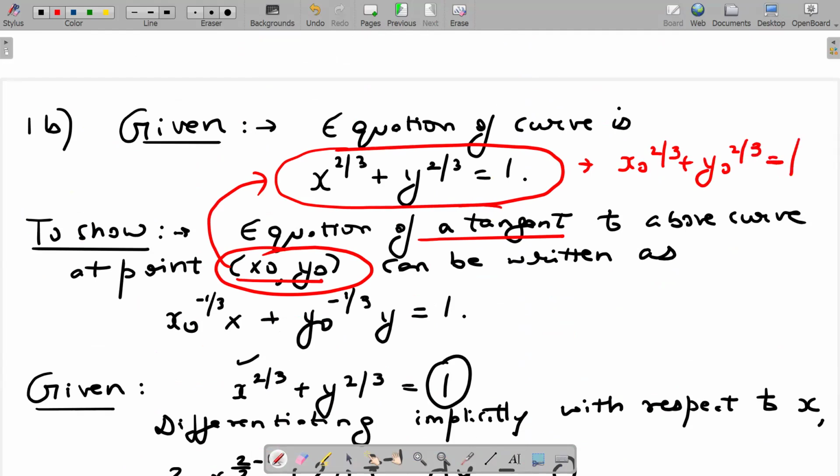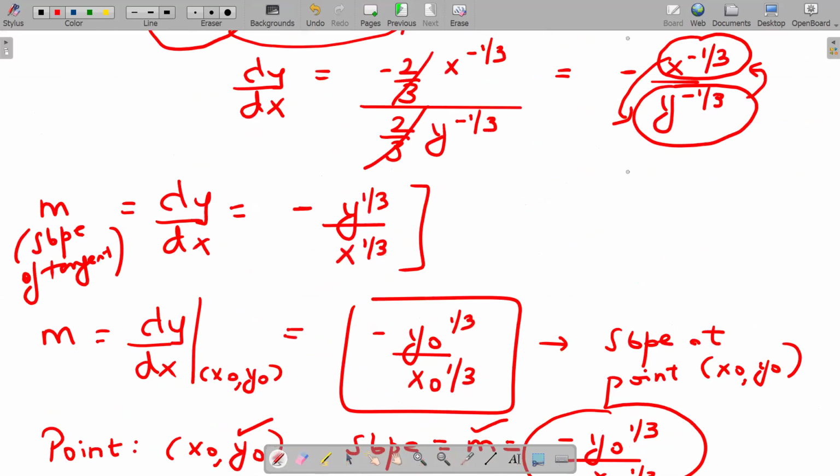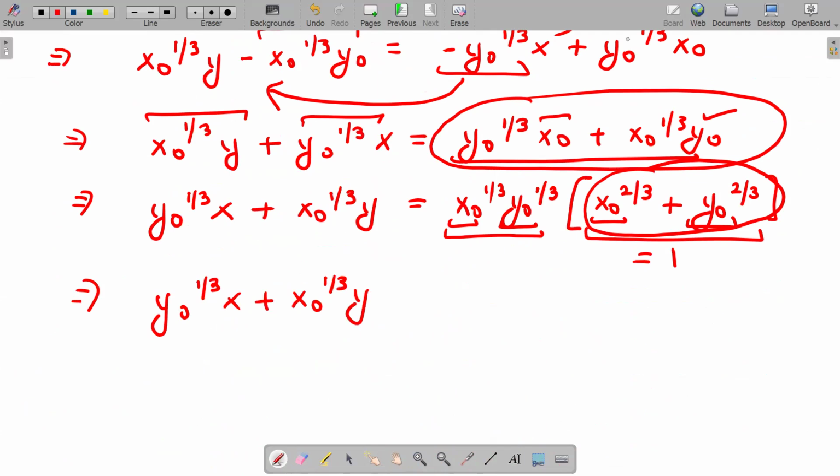Because if I have to find the equation of a tangent to the curve, this point must satisfy this equation, right? That means x0 to the power 2/3 plus y0 to the power 2/3 should be 1. And if it should be 1, it means that this whole thing is 1. So this implies y0^(1/3) x plus x0^(1/3) y is equal to x0^(1/3) y0^(1/3).